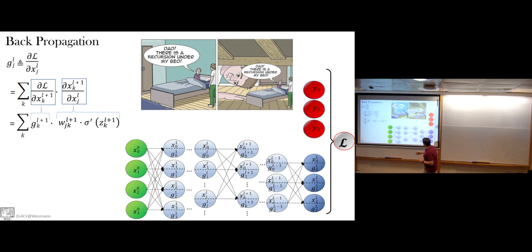How do I get all these G's? I need all these G's, and then all I have to do is multiply them by these weights and by this derivative thing, and then I get those. So this is a recursive rule.